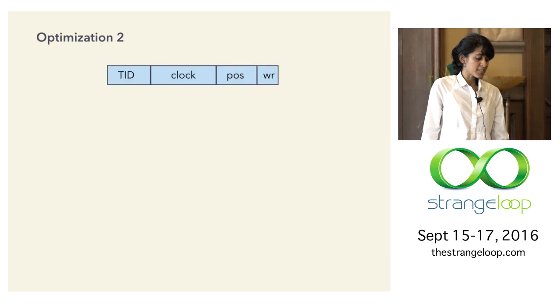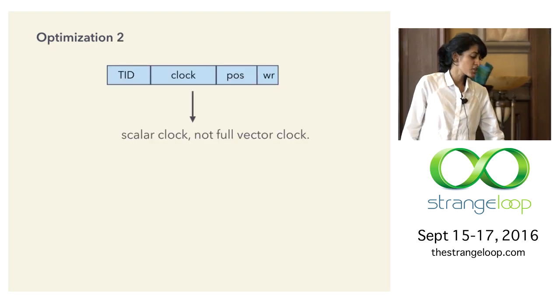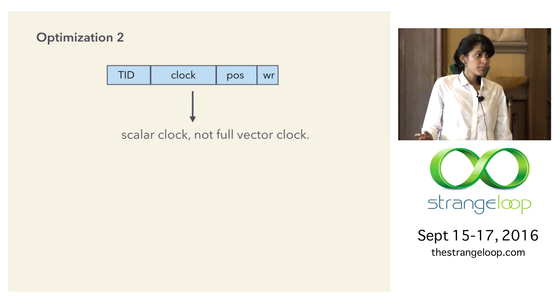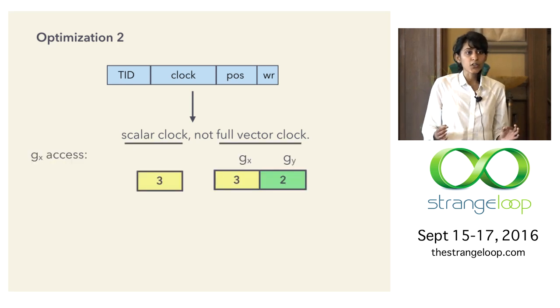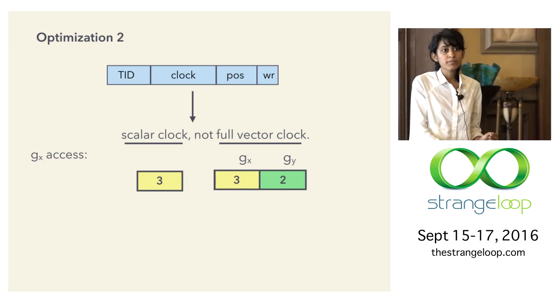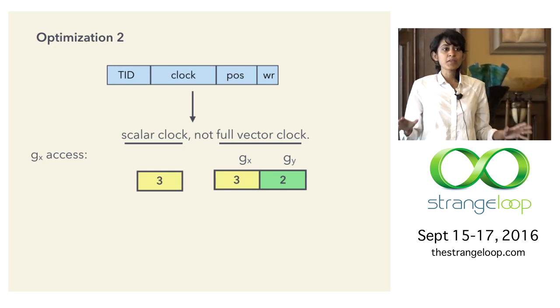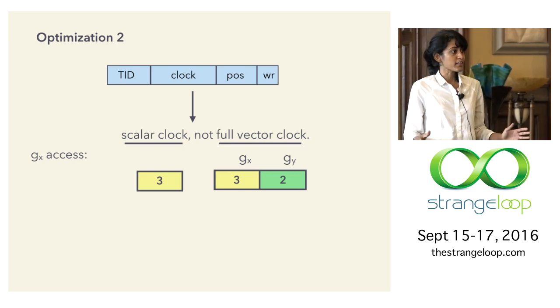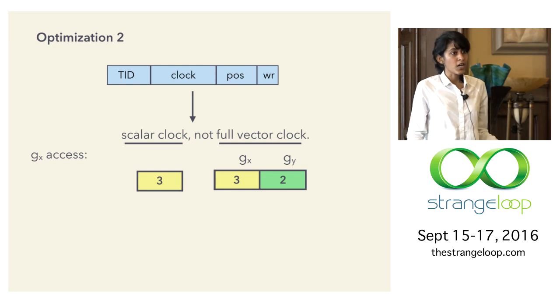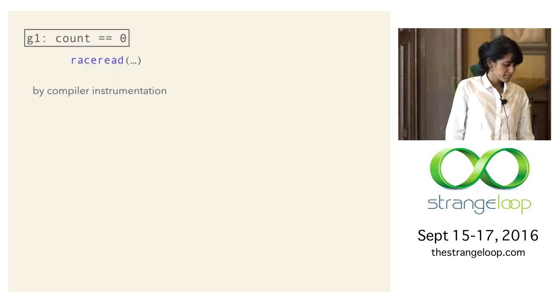The second optimization is that TSAN does not store the entire vector clock. It only stores the scalar clock, which is the accessor's index in its vector clock. Now, these 2 optimizations may seem surprising. Doesn't it cause a loss in precision? It turns out to not matter, as we will see.